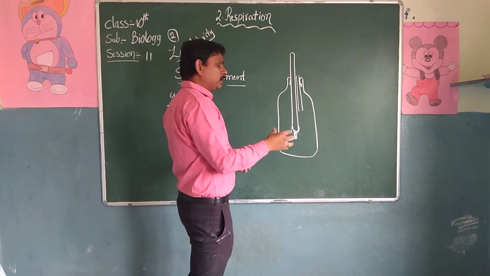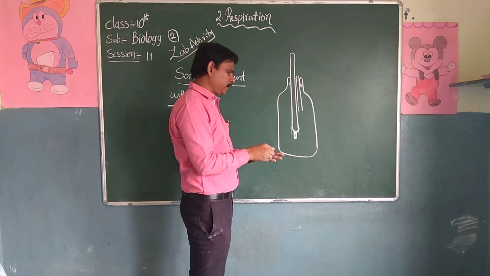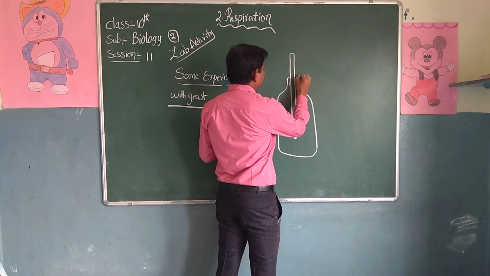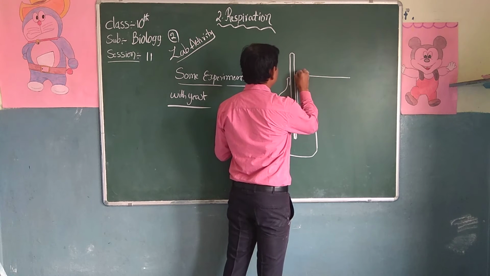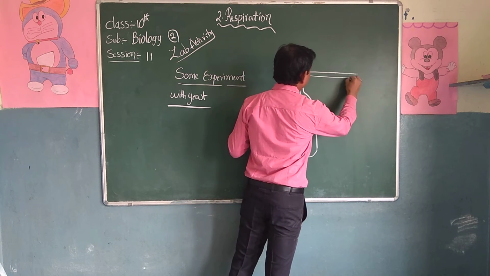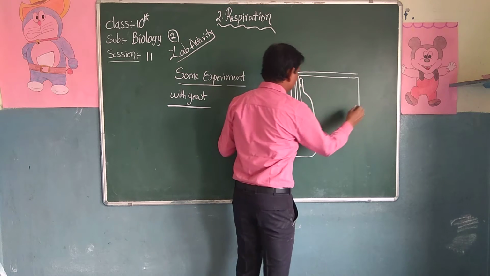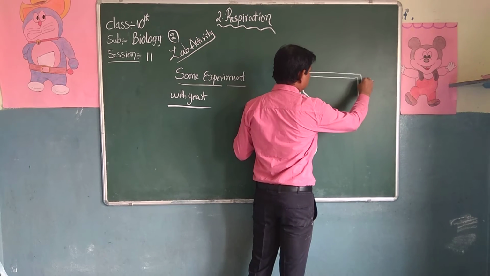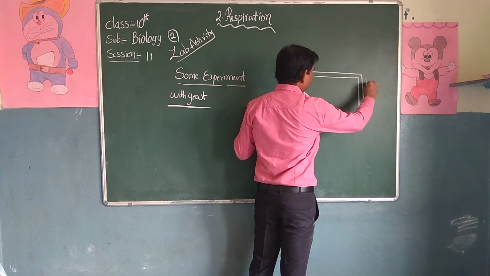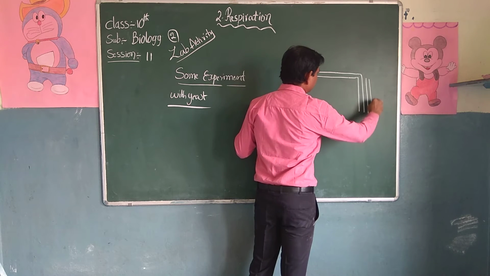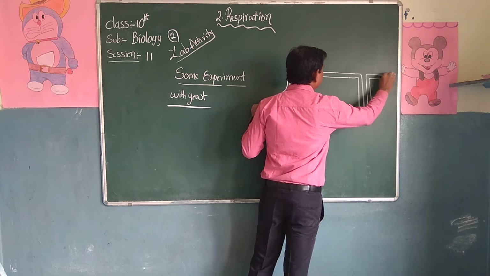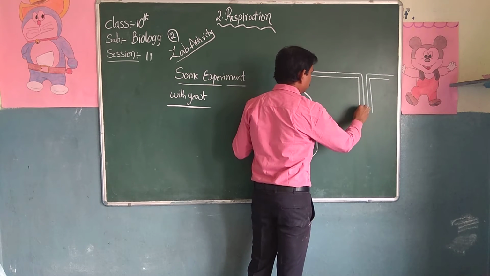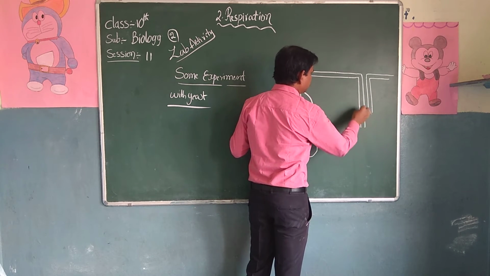How should we know whether the gas is going to be released in this experiment? You have to connect this other tube to another container, containing lime water.